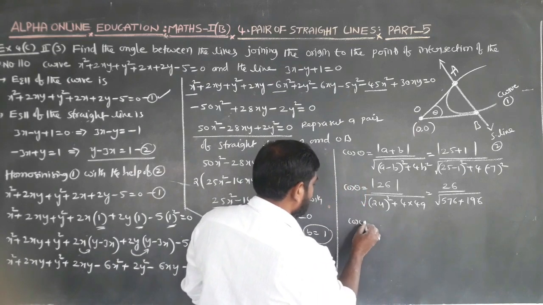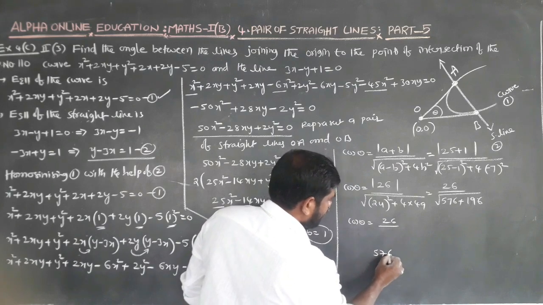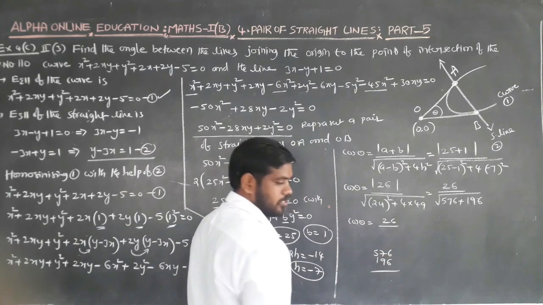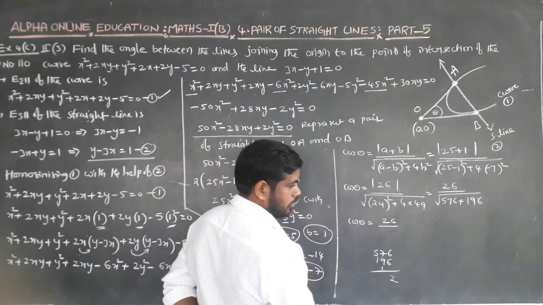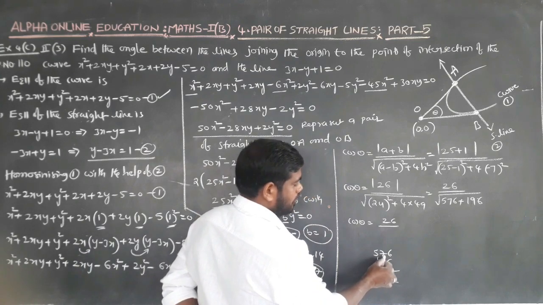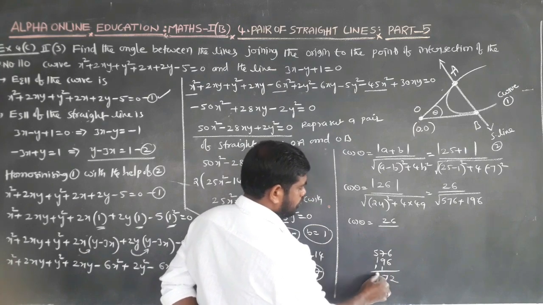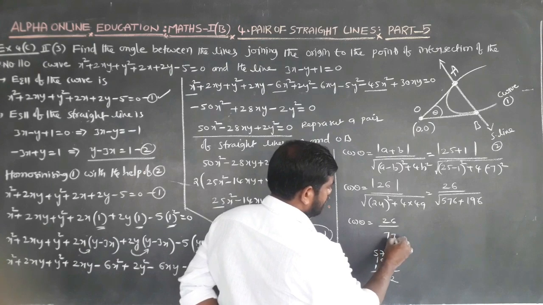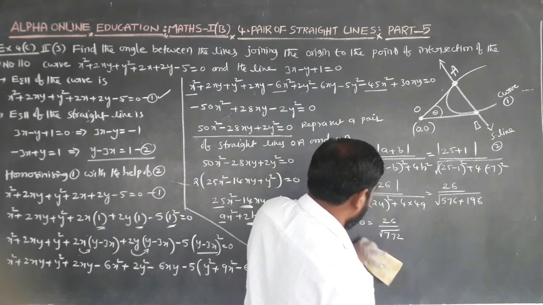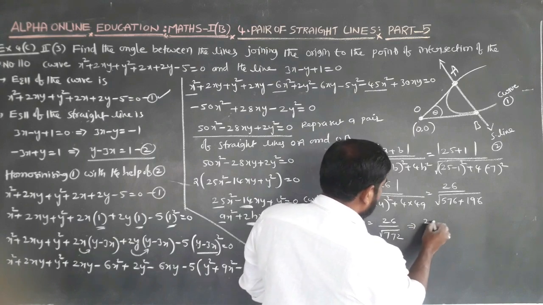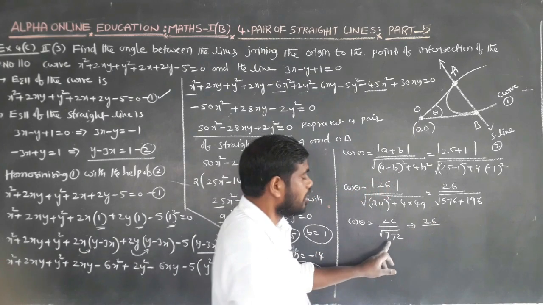Adding, 576 plus 196 is 772. So cos theta is equal to 26 by root 772.